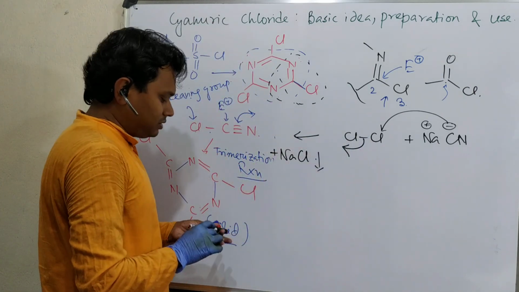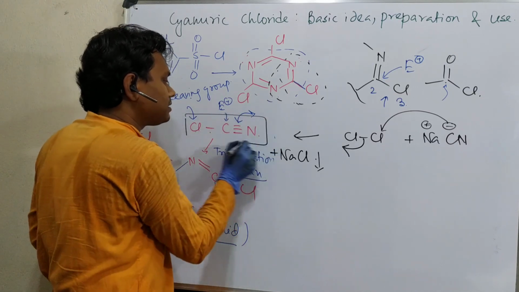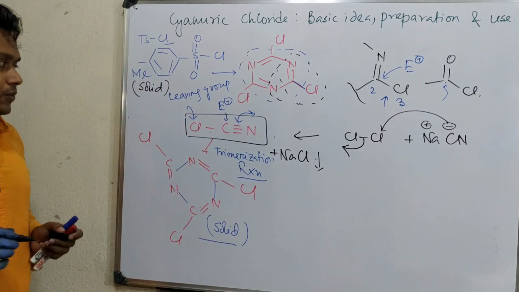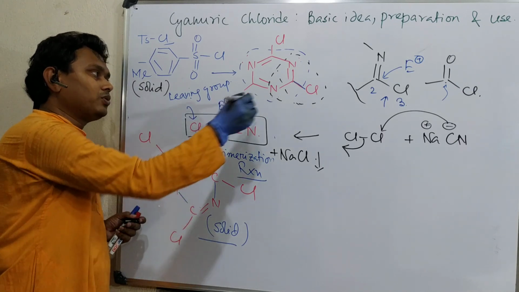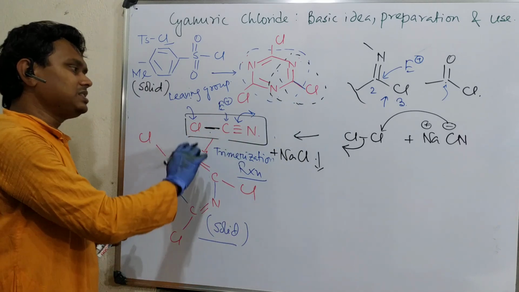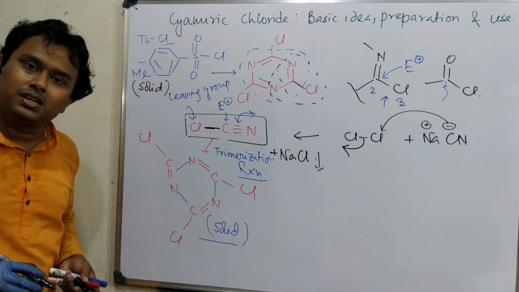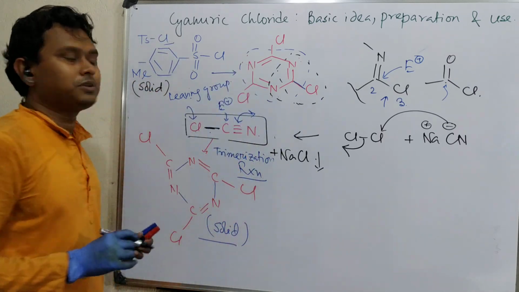So what happens in this way, it results in ClCN and sodium chloride. By the way, see, it is not that stable either, because of carbon and chlorine, the same logic, second row and third row elements. So this trimerization ultimately results in this formation. So we have discussed the basic idea of the preparation.